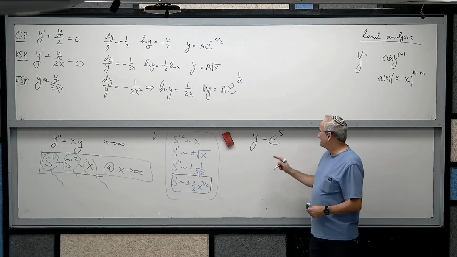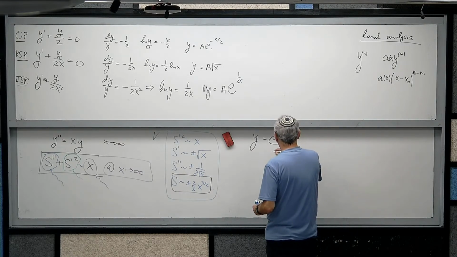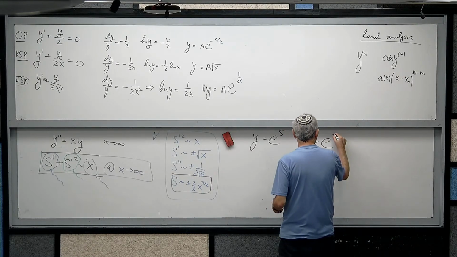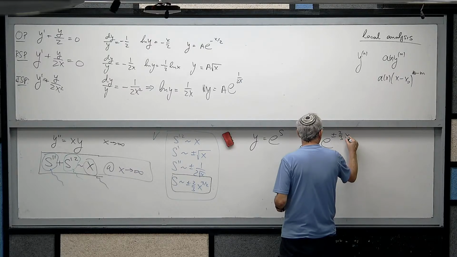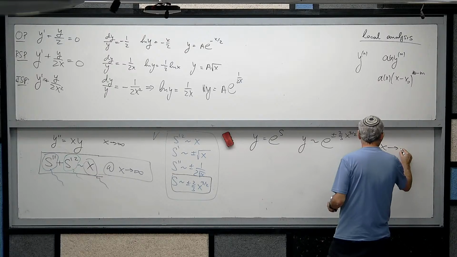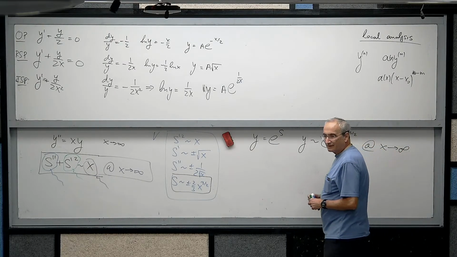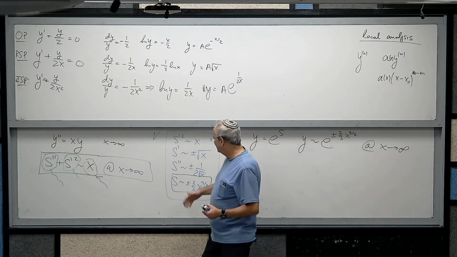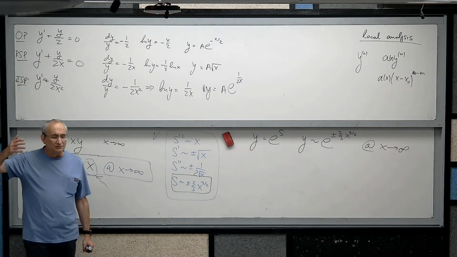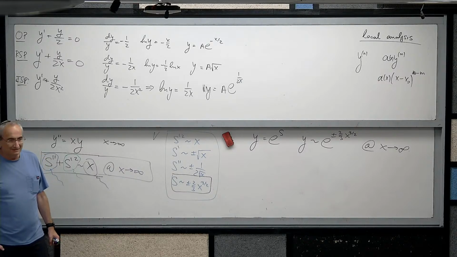So I can say that y is asymptotic to e to the plus or minus 2/3 x to the 3/2 as x goes to infinity. Fantastic. In a single line, work of 3 seconds once you know how to do that, right?